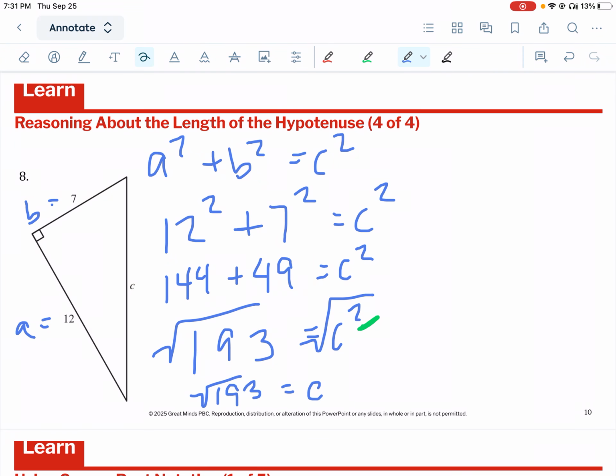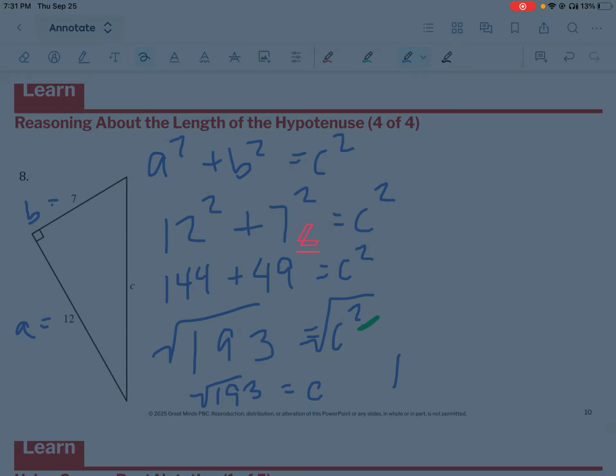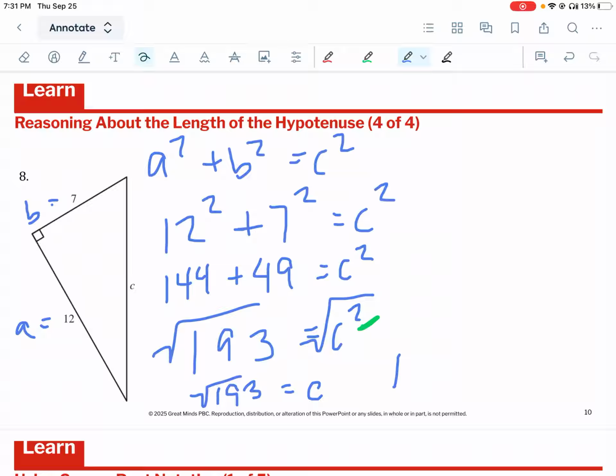Okay, so our range will be between 13 and 14. It's only close to 14, but it didn't hit. That's where it would land on the number line.